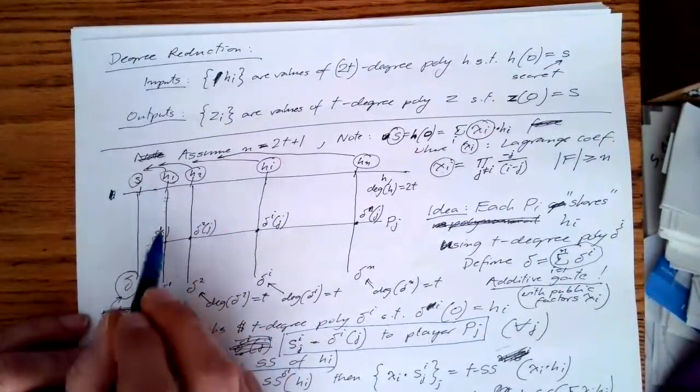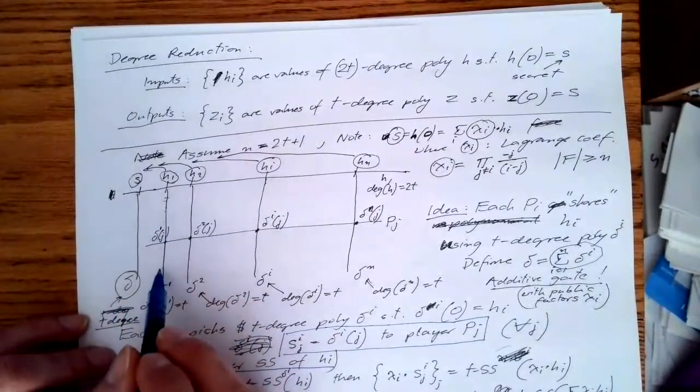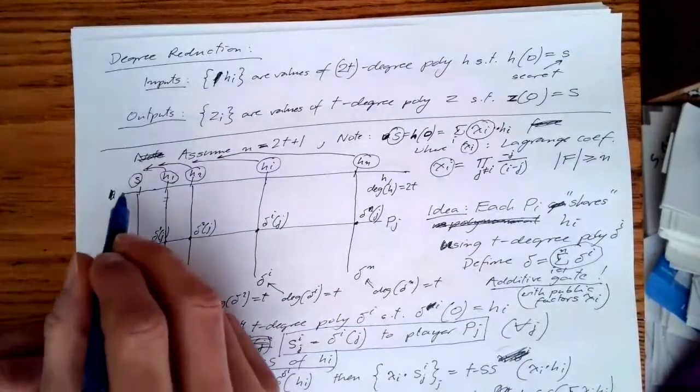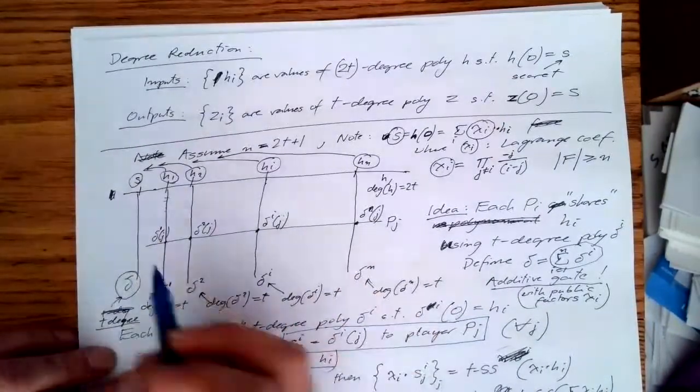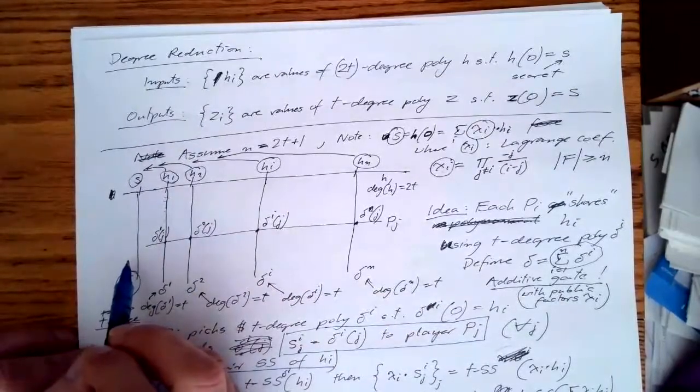Is this what we're getting? Are we getting values of a T-degree polynomial? Or are we getting some random garbage that doesn't even interpolate? It's not a T-degree polynomial. So therefore, if we use this and add this, we are going to make the results of the circuit completely obliterated from now on. Okay.